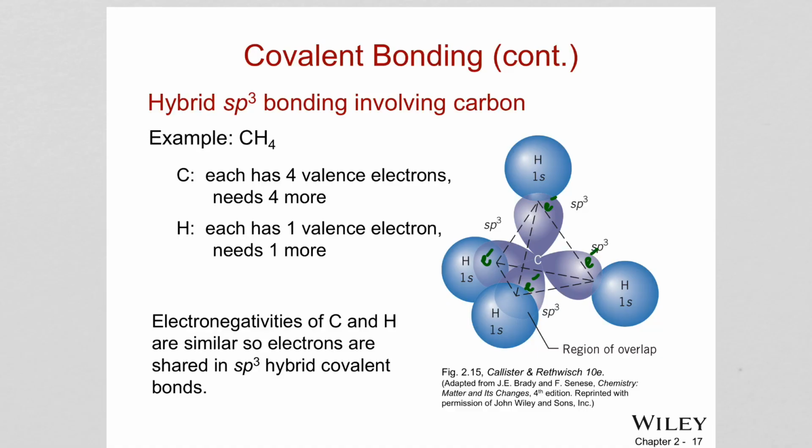And of course, when hydrogen approaches, it has to approach at a certain angle, and its s orbital will overlap with the sp3 orbital of the carbon, and electrons will be shared. Both atoms are reaching their noble gas configuration, filling the outermost energy level with electrons.